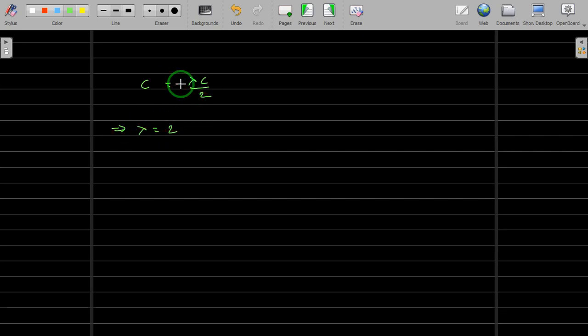Assuming that c is not equal to 0, you can cancel. Then lambda is equal to 2, and that is nothing but your eigenvalue of this integral equation.